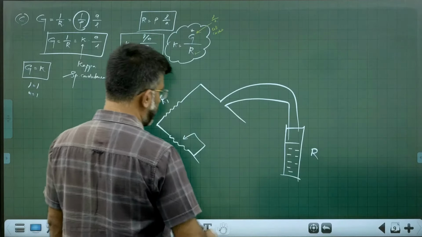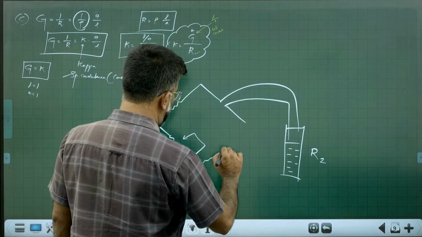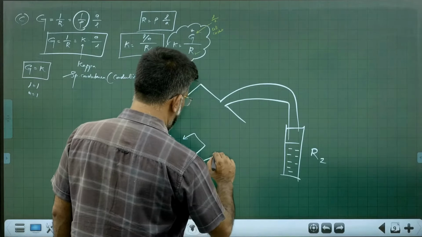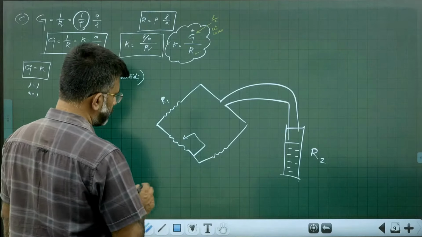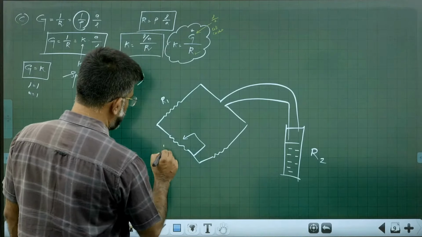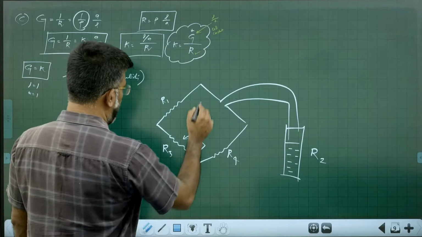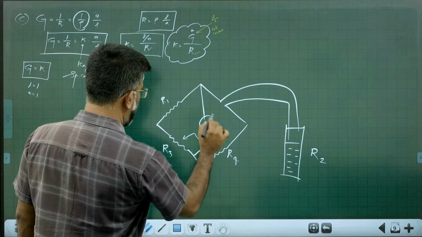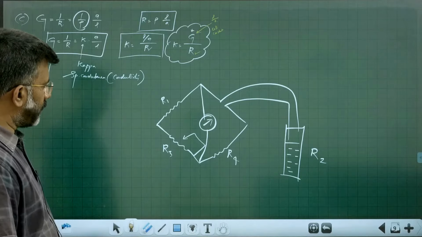So let this be R1, let this be R2, which we need to find out. And here we have another known resistance. Say this is R3 and this is R4, right? And this is connected using a galvanometer like this.